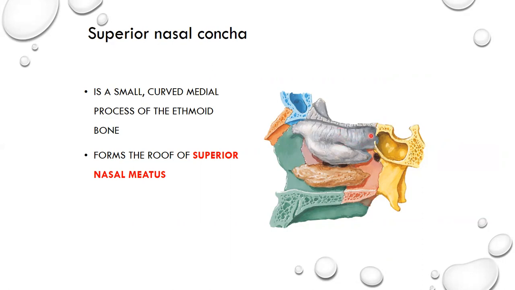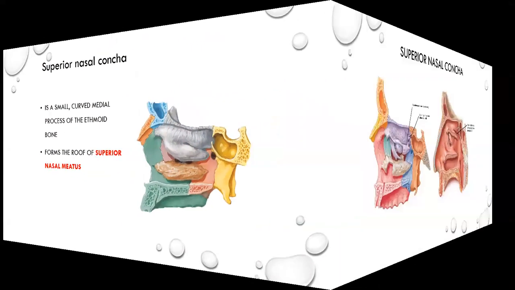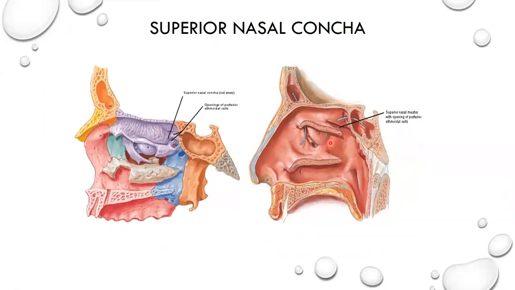This nasal concha forms the roof of the superior nasal meatus. The superior nasal meatus has the opening for the posterior ethmoidal cells. Posterior ethmoidal sinuses open at the superior nasal meatus.